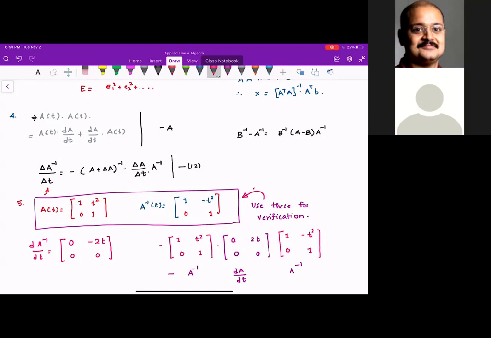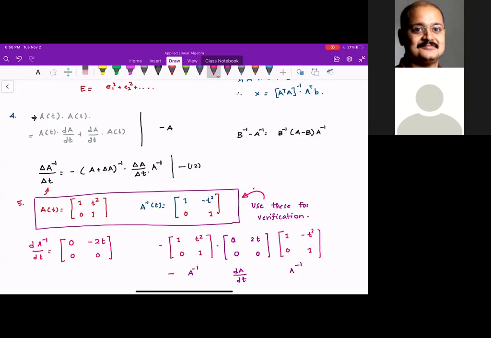But if you want to use the basic definition of derivative, which is (A plus delta A) squared, subtract A squared and then divide that by delta t, then you should be able to get a similar answer. The only issue is, please note that matrix multiplication cannot be assumed to be commutative.